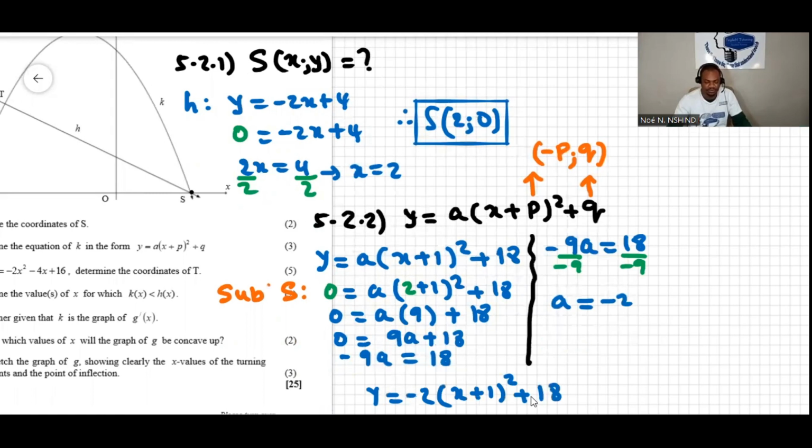So this is the quadratic equation in the turning point form.